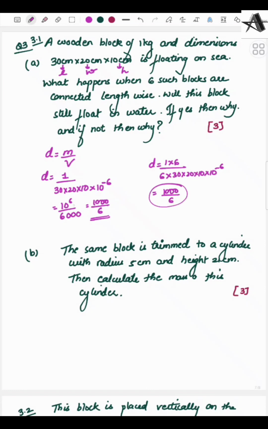So density is still the same. So will it float in water? Previously it was floating on water, and as density is the same, and density is a property that depends on the material, yes, it will float.